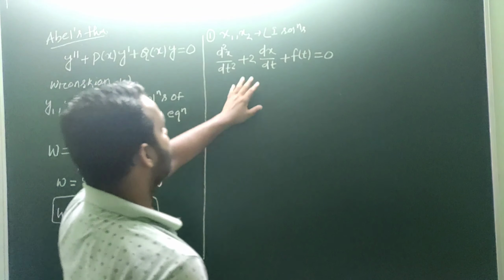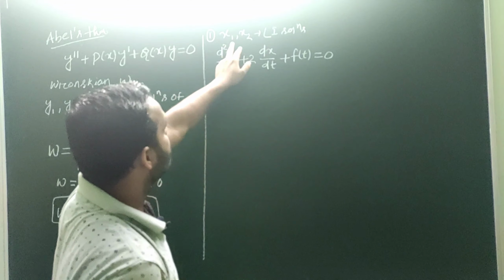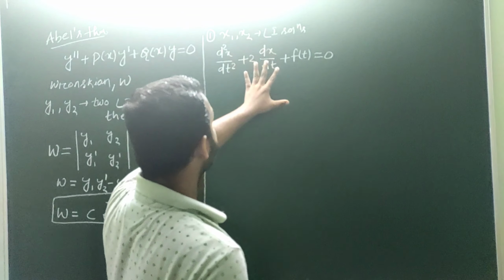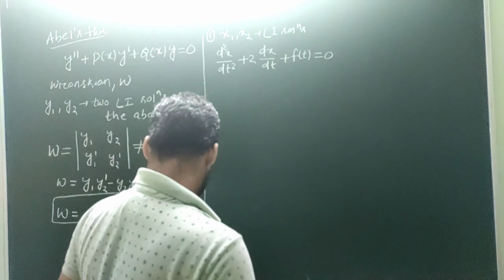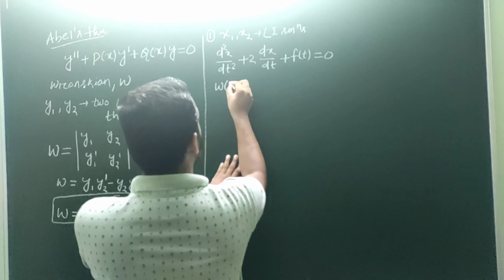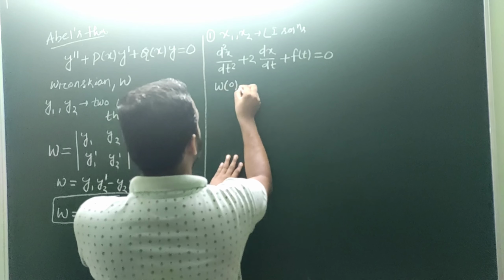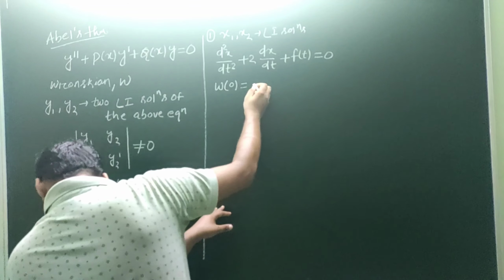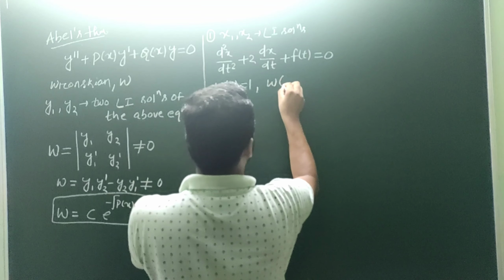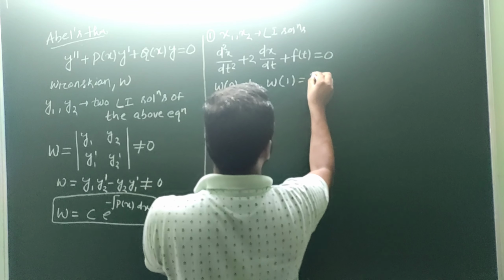This is the differential equation given. And x1 and x2 are two linearly independent solutions of this differential equation. Then he has given that the Wronskian W at t is equal to 0 is equal to 1. Then what will be the Wronskian at t is equal to 1?